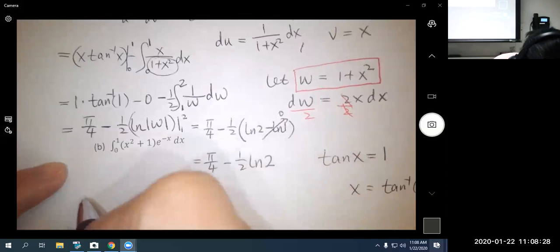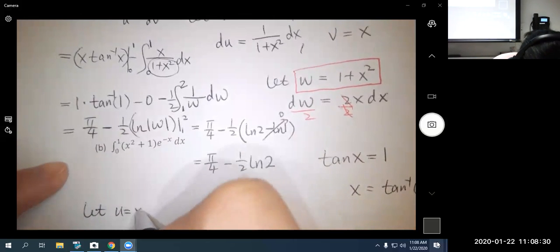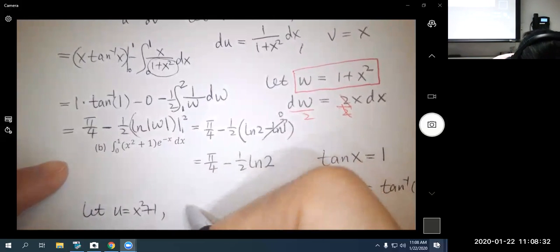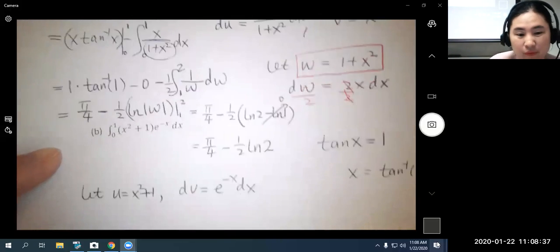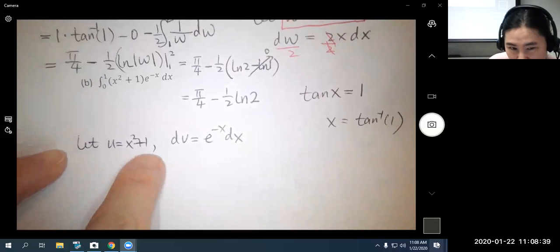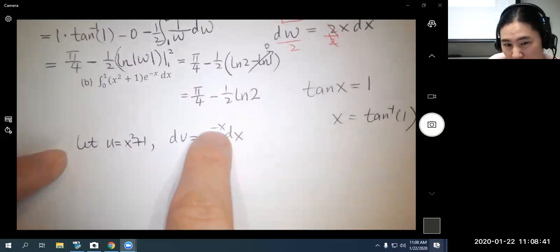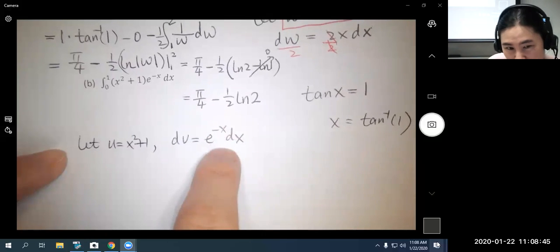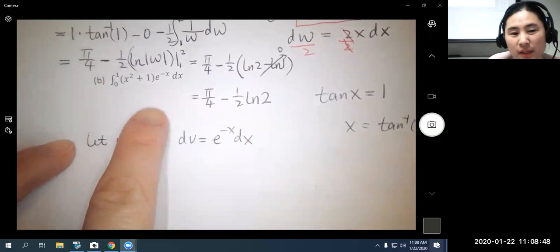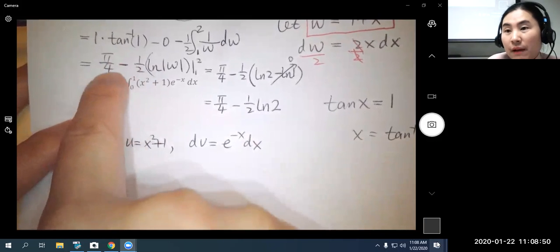So for this question, we let u equal x squared plus 1, and then we let dv equal e to the negative x dx. So you are going to differentiate this and integrate that. Careful, this is negative x, so be careful when you find the antiderivative. And then use integration by parts together with the definite integral.